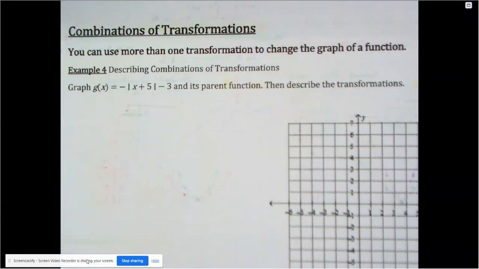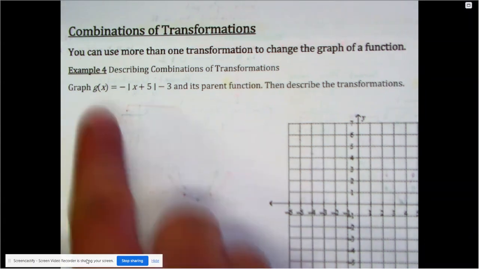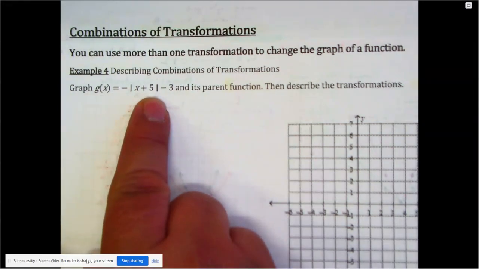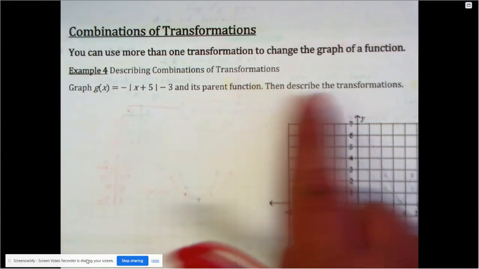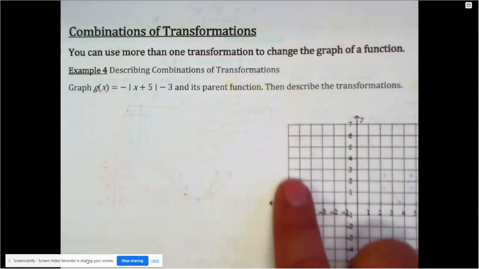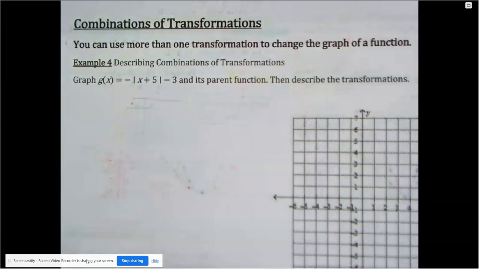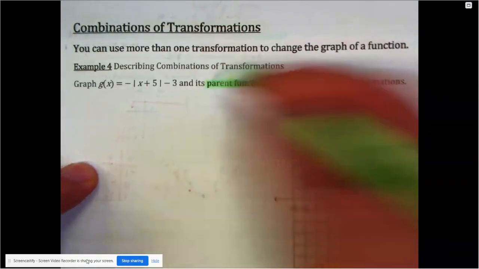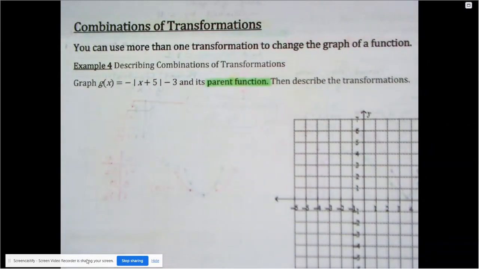And then notice, they want us to do the same thing. They want me to graph g of x, they want me to draw the parent function, and they want me to describe the transformation. So it's the same thing we've been doing in every single problem. So first thing I want to do, let's find out who the parent function is for this graph right here.